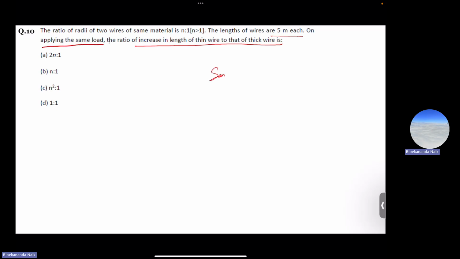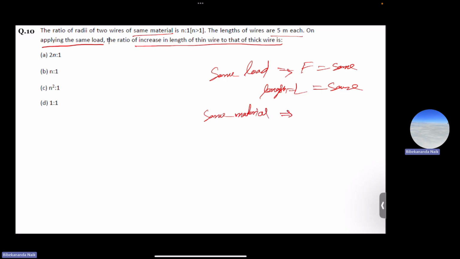So same load, F same, L same, length is also same, and the material is same material, that implies Y is same. So only the radius is different.